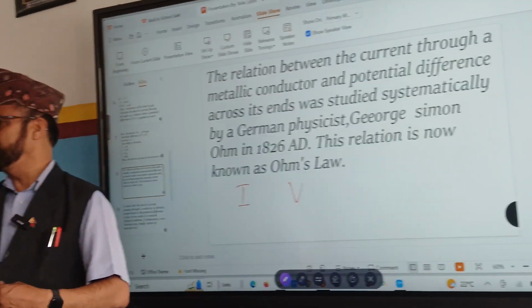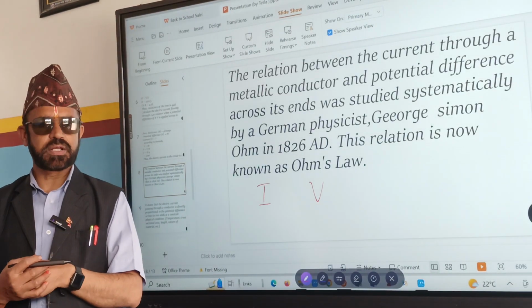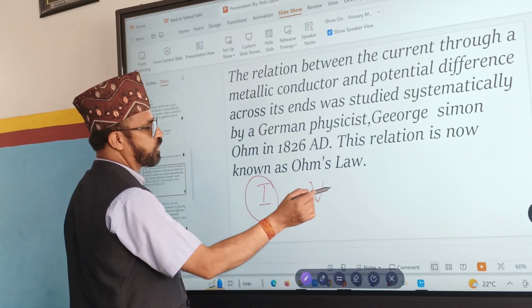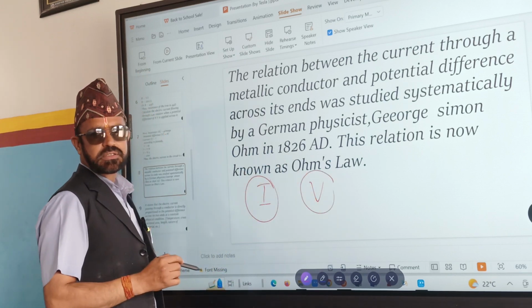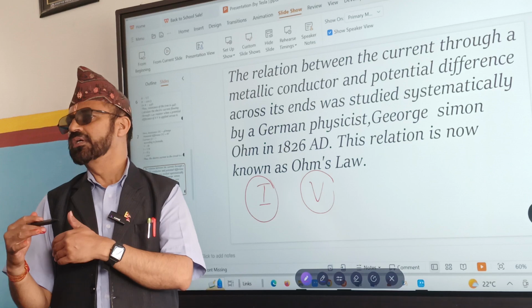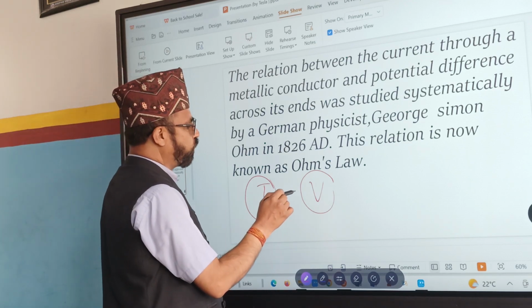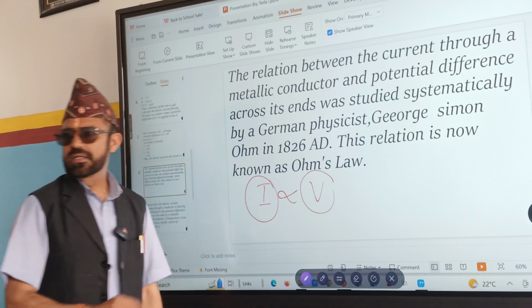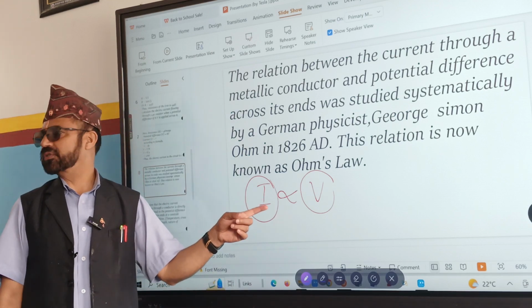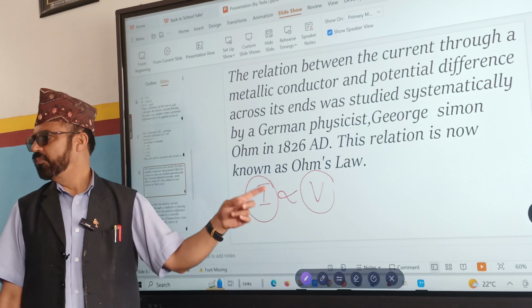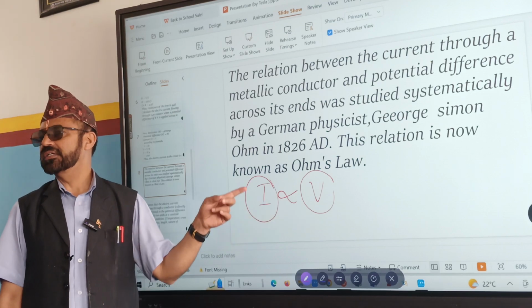If there is a conductor, current flows from one place to another. So in that conductor there is current as well as what? Voltage. So he studied the relation, and what did he find? He found that they are directly proportional to each other. More current, more voltage. Less current, less voltage.